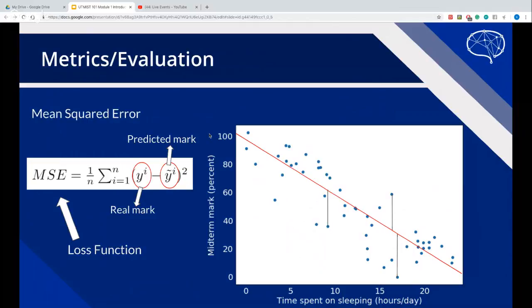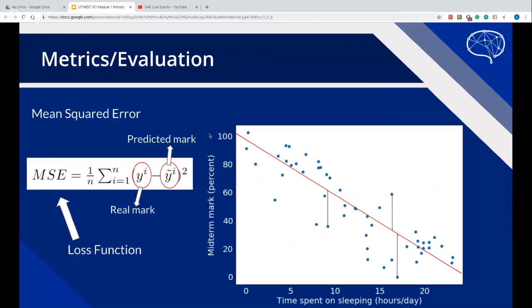Okay, that's a good question. If we don't square them, let's say we have a horizontal, flat line. You have a data point in the left part where y minus y tilde is positive, and on the other side it is negative. It cancels out, right?